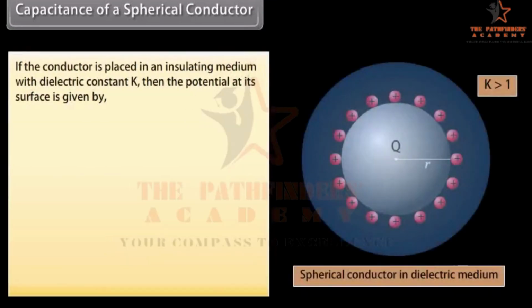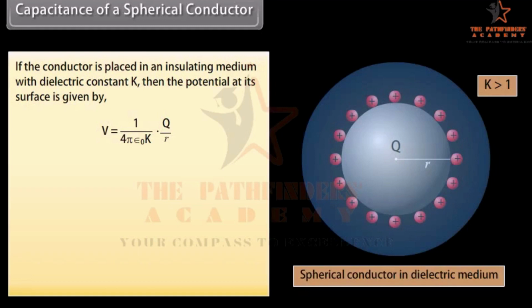If the conductor is placed in an insulating medium with dielectric constant K, then the potential at its surface is given by V is equal to 1 upon 4 pi epsilon naught K multiplied by Q upon r.